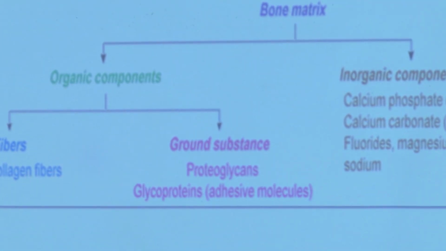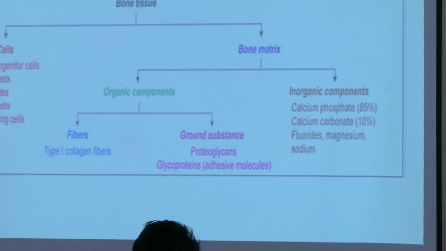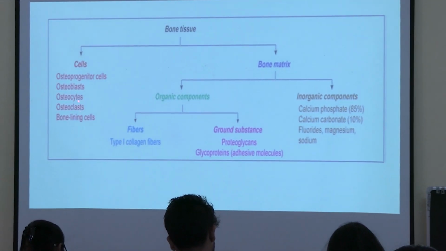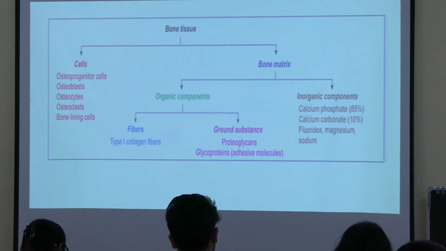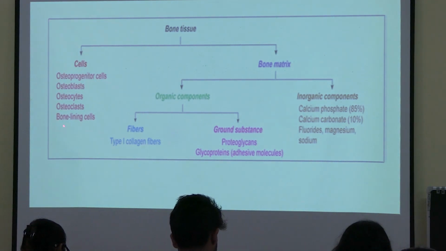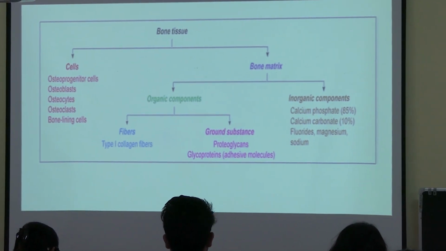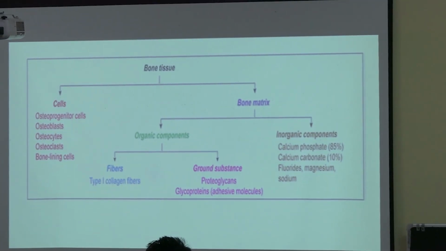Now before going to that, as I said, bone is a connective tissue, a specialized connective tissue. That means all the components will be there. Can you see the cells? Then you can see the matrix. In the matrix, two parts are there: organic part and inorganic part. Osteoprogenitor cell, osteoblast, osteocyte, osteoclast, and the bone lining cells are the cells present in the bone.